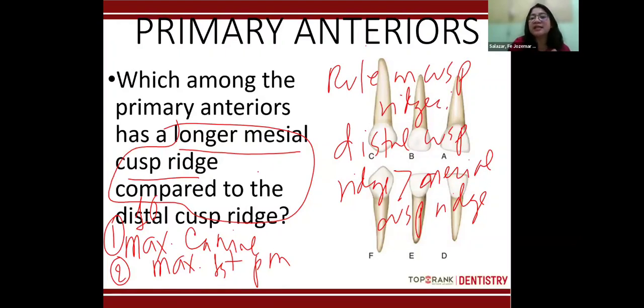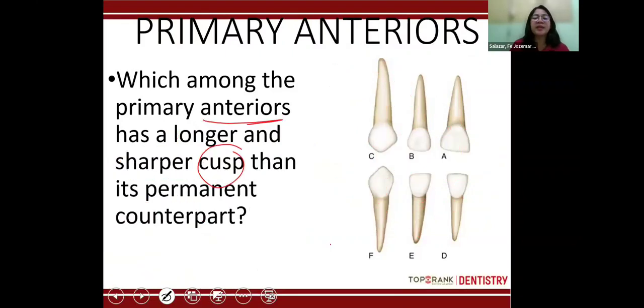Again, the rule is the distal cusp bridge is always longer than the mesial, except for two teeth, one in the primary and one in the permanent: primary maxillary canine and permanent maxillary first premolar. Now, which anterior has a cusp? Because cusps should be on posteriors, right? Yes, very good, so it's the canine.